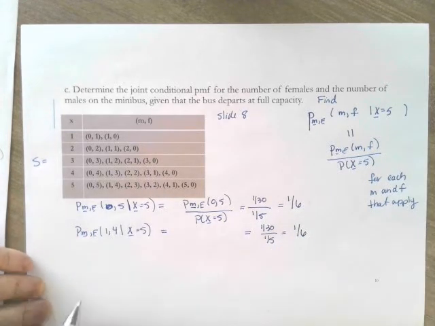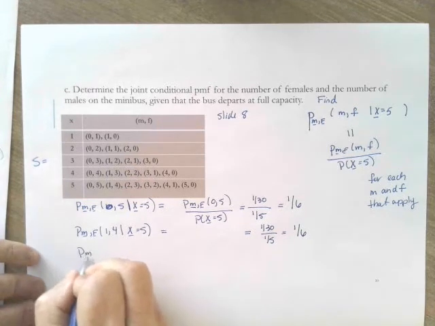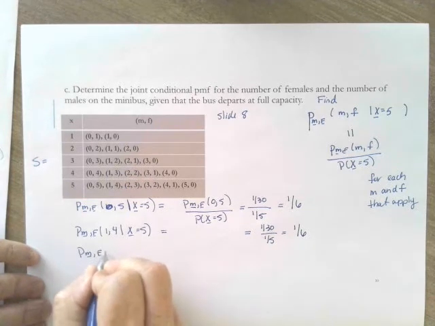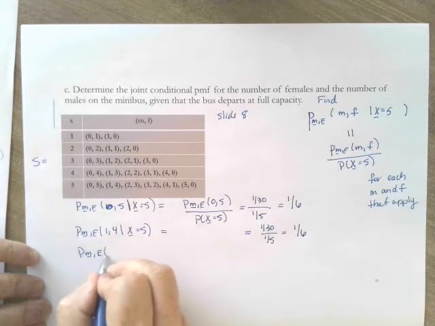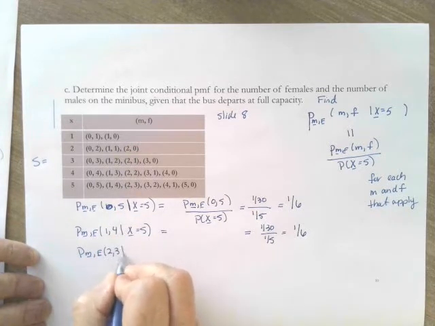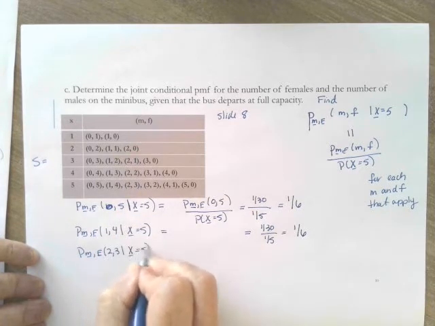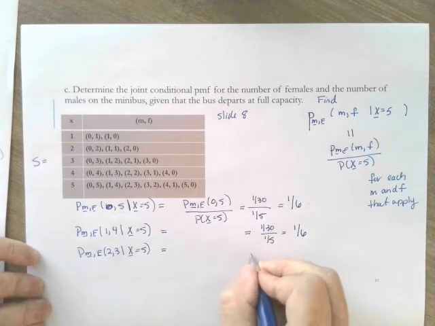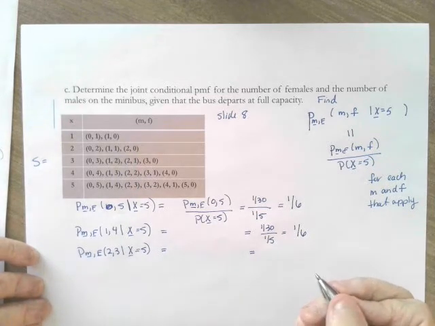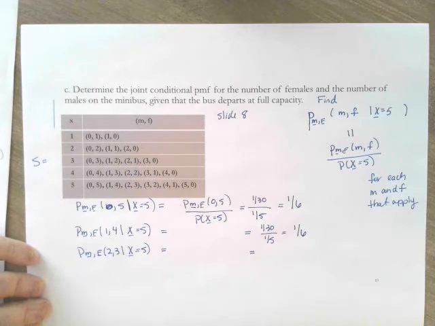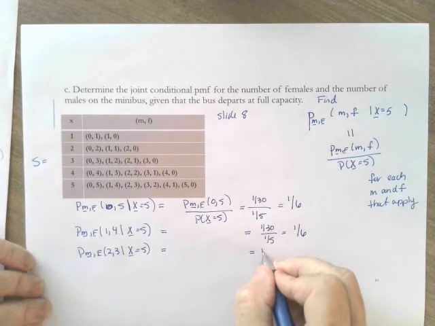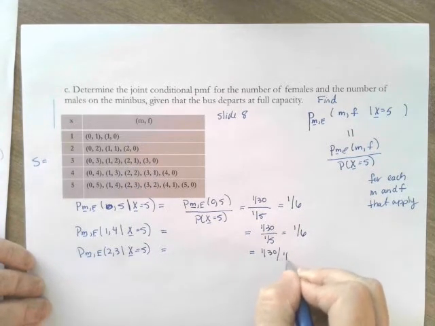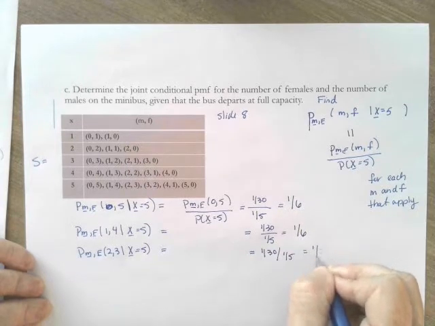Well, let's just do it for all of them. We might as well. And you're going to see that they're all going to just be 1/6. So my next one is going to be 2, 3. And 2, 3, again, if you look, we're on this diagonal, right? So everything is just going to be 1/30 over 1/5 for every possible one of these.